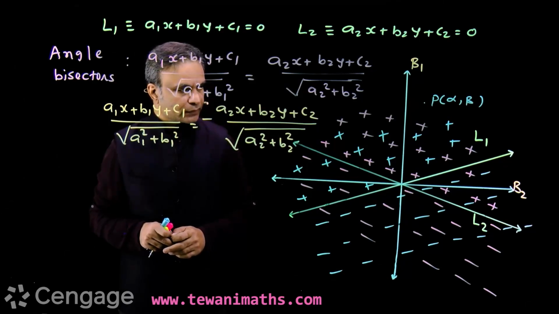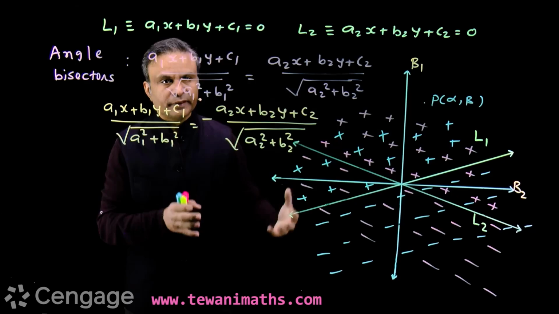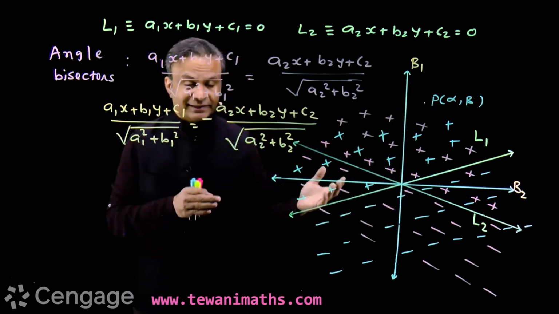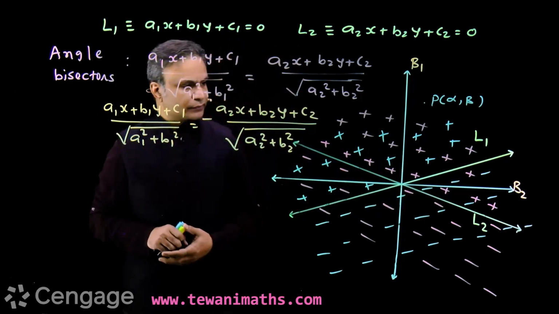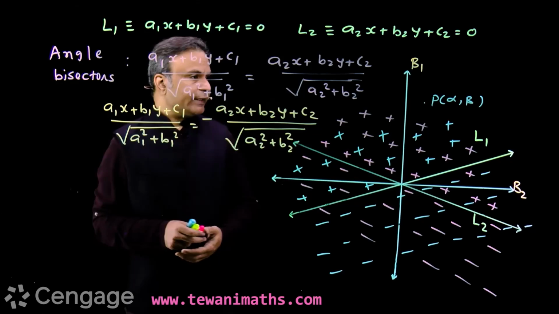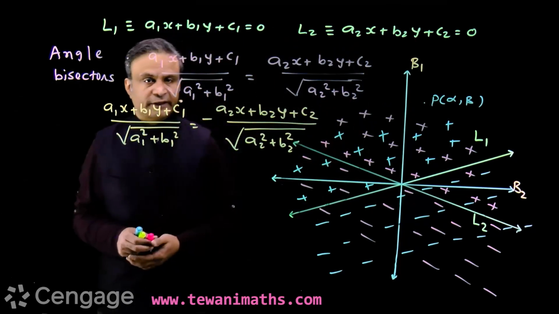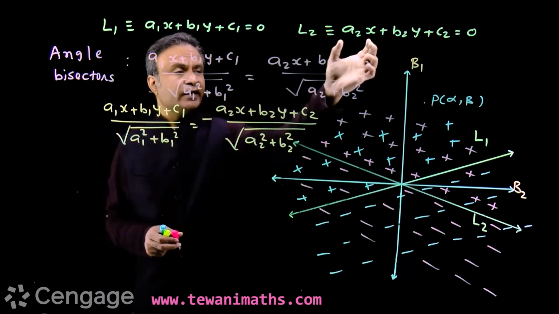This is always the case. Two lines divide the plane into four regions. Two opposite regions have the same sign and the other two opposite regions have different signs. This point P is lying in a region where both these expressions have the same sign. If point P is lying here, then in that case also the expressions have the same sign.